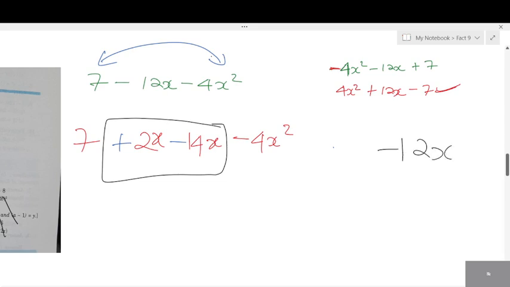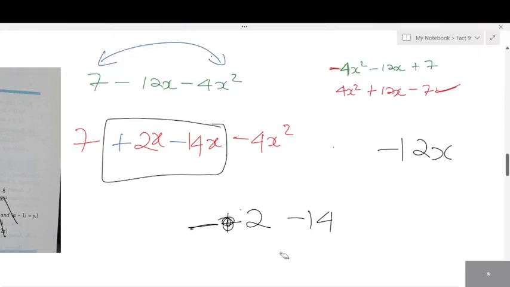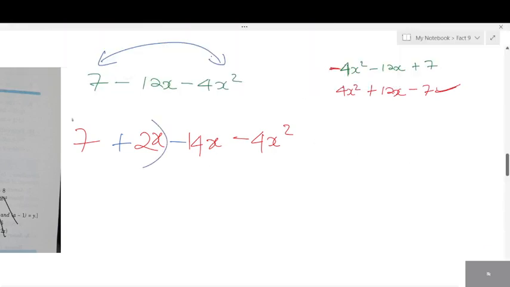Minus 12, right? So if you put plus 2, what is 2 plus 2 minus 14? Minus 12. That's the reason you put plus. Understood? If you put minus, what do you get? Minus 16 or plus 16? You get minus 16, right? So we don't need 16, we need 12. Correct. Complete it.